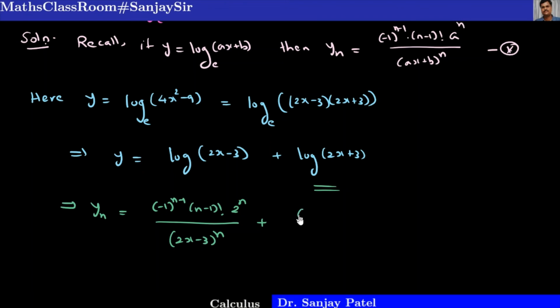So we get the same thing, minus 1 raised to n minus 1 factorial, 2 raised to n upon 2x plus 3 raised to n. So this is the answer.